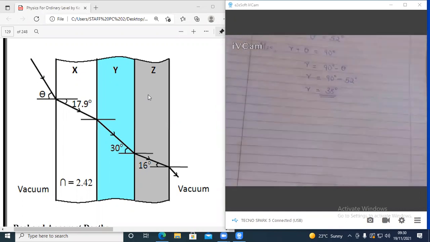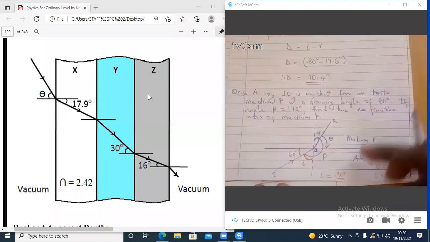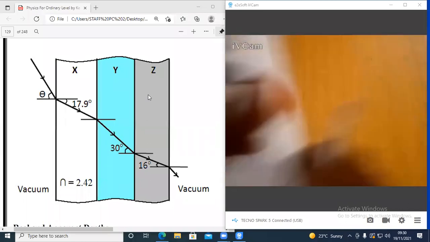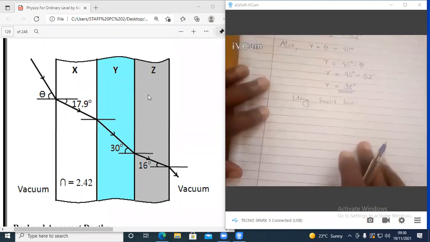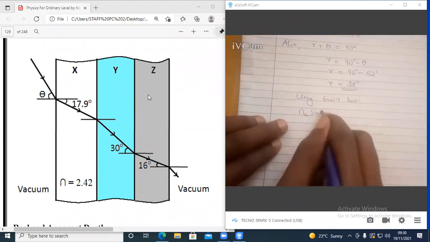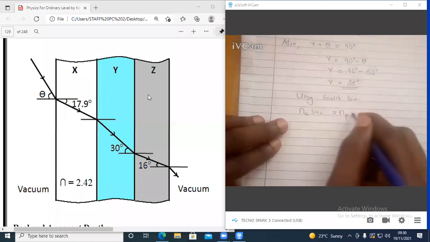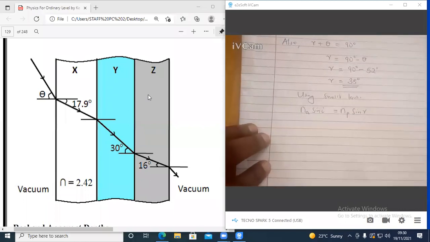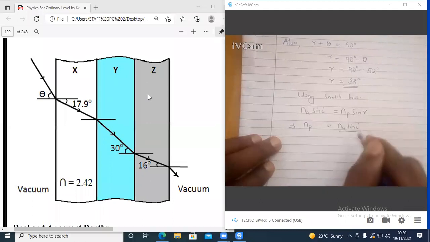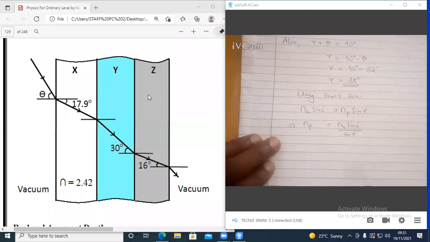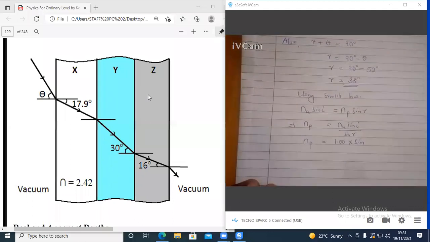That is the angle of refraction. But the question wants us to find the refractive index of medium P. And remember, light is moving from air to medium P, so we shall say using Snell's law, N A sine I equals N P sine R, because I don't know medium P, so it's the refractive index of medium P. So it implies that N P will be equal to N A sine I over sine R. So N P, we shall have 1.00 times sine of, what was our I?